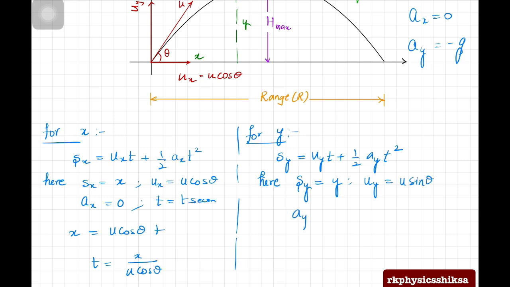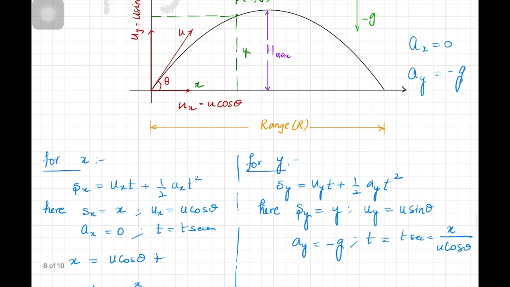Ay is the acceleration due to gravity, which is always acting downward, so I take it as minus g, and t is x by u cos theta, as already calculated. During this time interval of t seconds only, it attains both y displacement as well as x displacement. Y is the vertical displacement, x is the horizontal displacement.